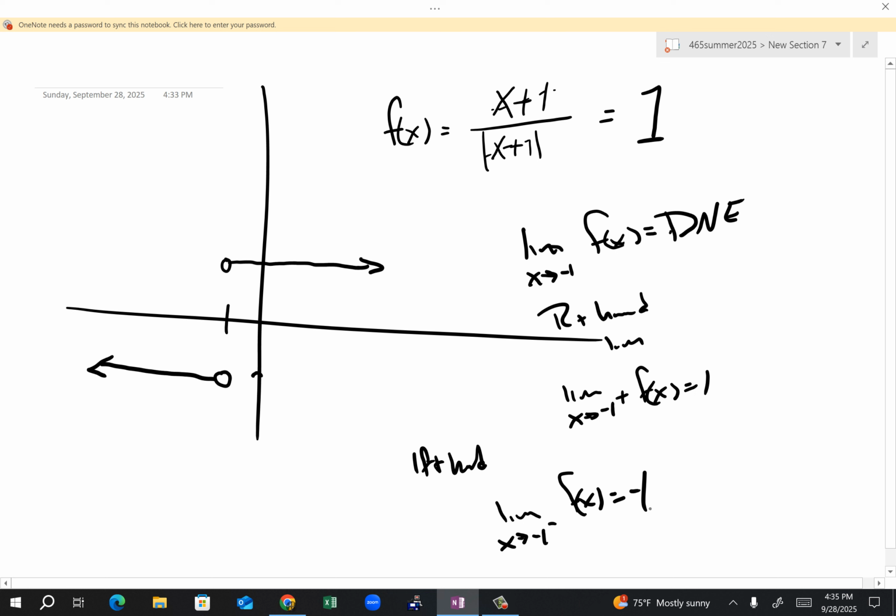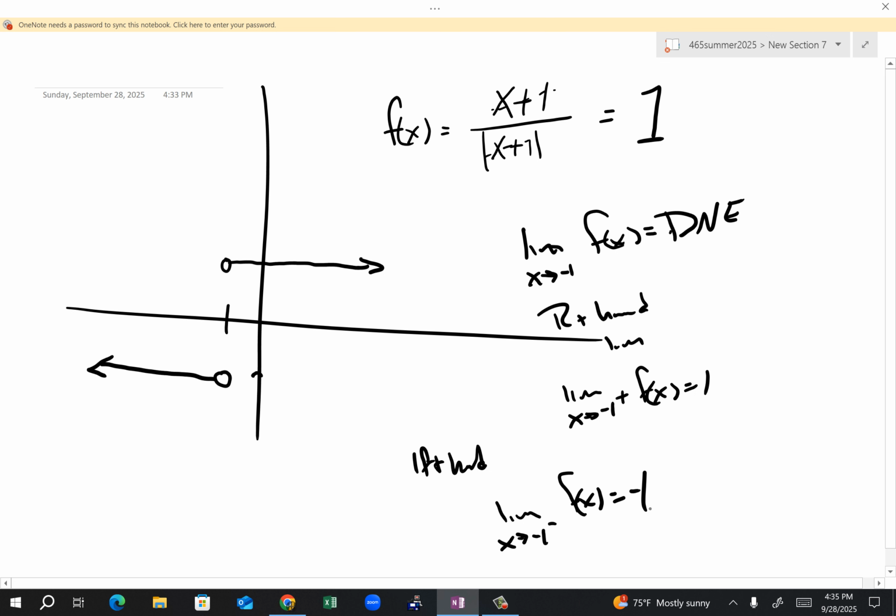But if the right-hand limit and the left-hand limit don't match up, then the limit does not exist. That's a big deal. That is a huge concept going forward.